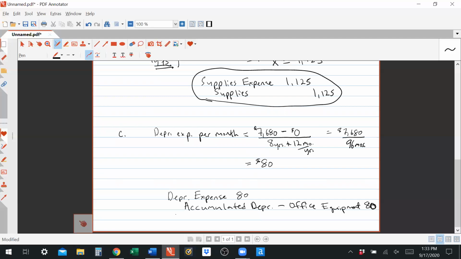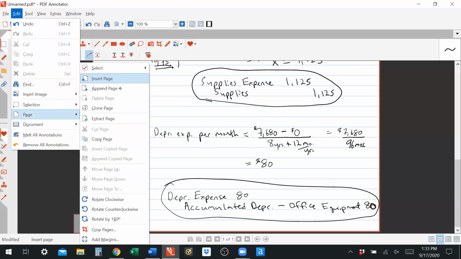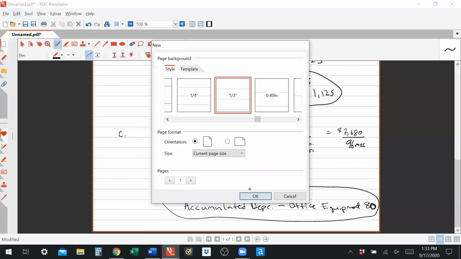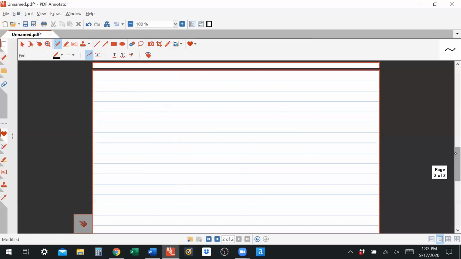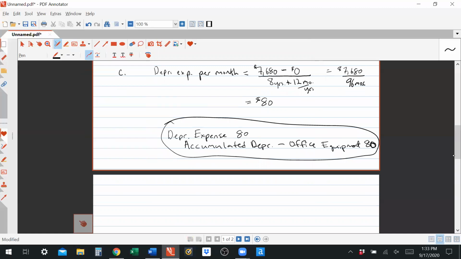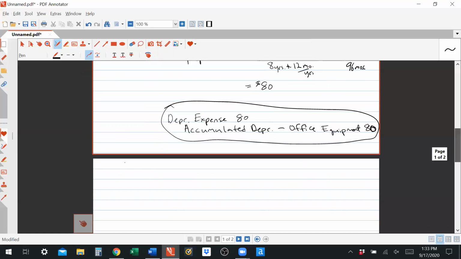This is the answer. So that's what the depreciation expense journal entry always looks like. You always debit depreciation expense, credit accumulated depreciation. Let's go to part D.